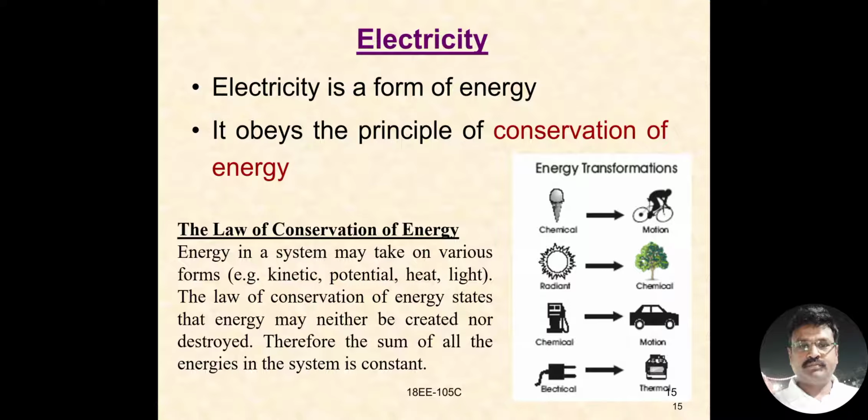Energy may be available as kinetic energy, potential energy, heat energy, light energy, etc. The law states that energy may neither be created nor destroyed. Therefore, the sum of all the energies in the system is constant.